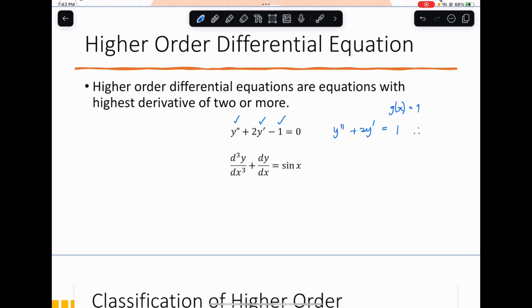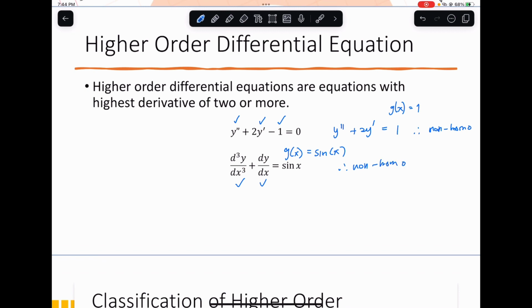Therefore this is a non-homogeneous equation. Similarly, we have the derivatives of y, and then our g of x corresponds to sine of x. Then that is considered a non-homogeneous equation as well.